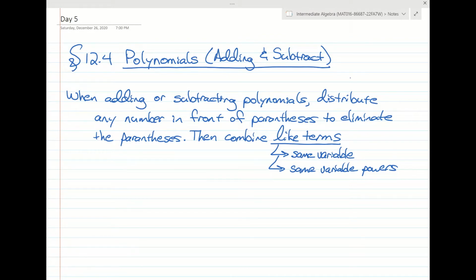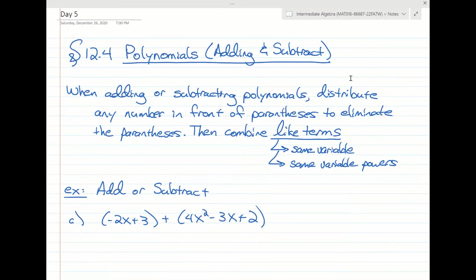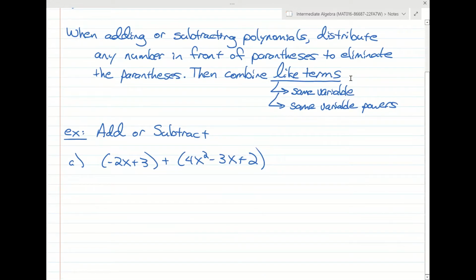All right, so let's get to some examples. What if I asked you to add or subtract, and we had negative 2x plus 3 plus parentheses 4x squared minus 3x plus 2. The parentheses don't really matter here because there's nothing in front of them. Eventually, we're going to be doing more advanced problems where there is a number in front.